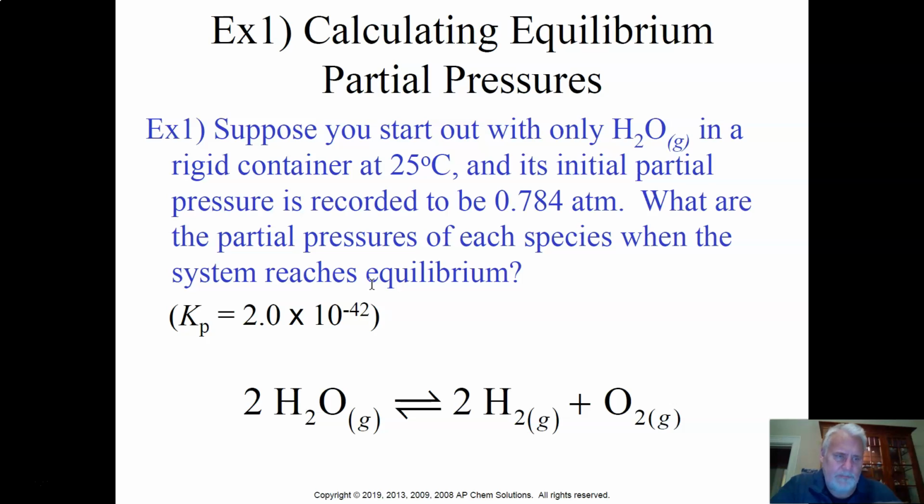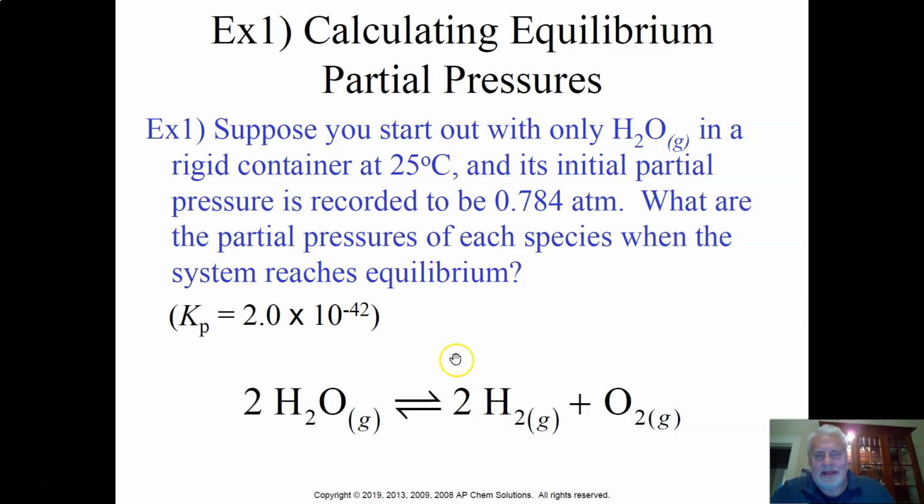Okay, well, that's a reaction that you know intuitively is not going to happen very much, right? Water vapor in the air doesn't turn into explosive hydrogen gas, thankfully, with a little extra oxygen to give it that extra kick. So that does not happen spontaneously.